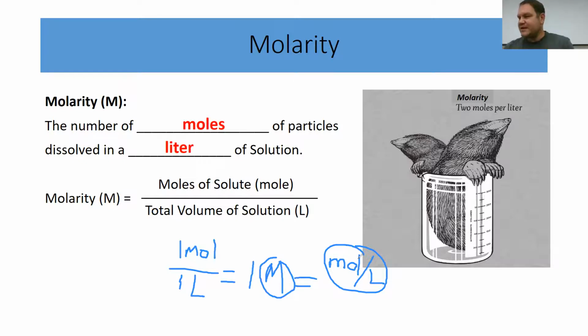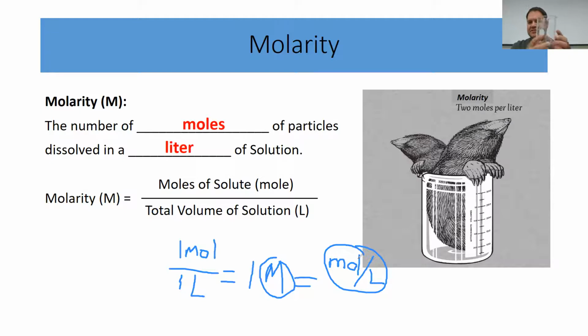Okay, let's look at another possibility. Let's say I have another glassware here. If you read the label, it says 600, and that's to the very top, but the volume mark that you can actually fill to is 500 milliliters.